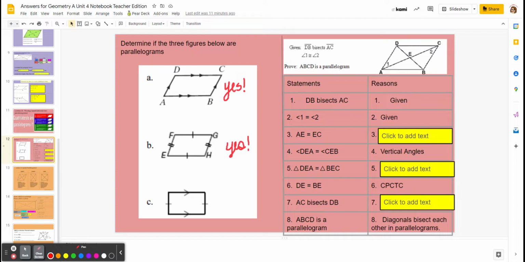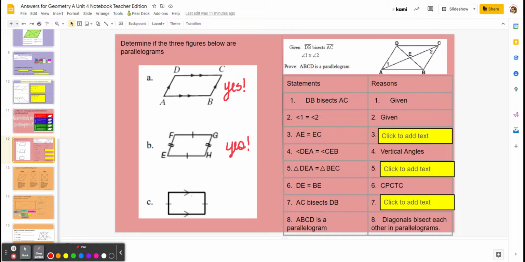Another says one pair of opposite sides are parallel and congruent. In this case, it's not the same sides that are parallel and congruent. It's different ones. These are parallel, and then the ones on the other side are congruent. You have to have one pair of sides that is both parallel and congruent. So that does not fit that one.